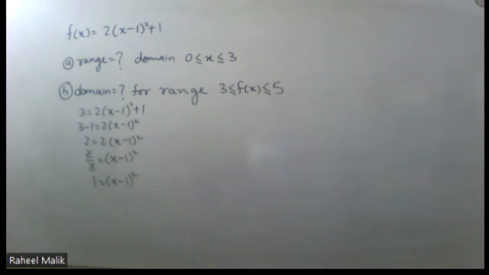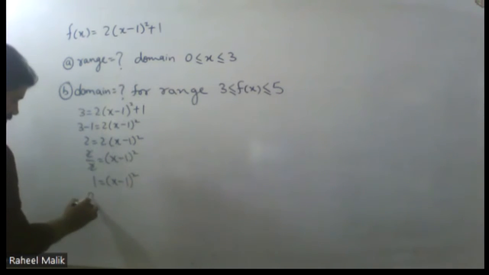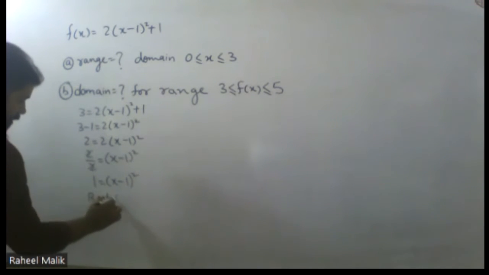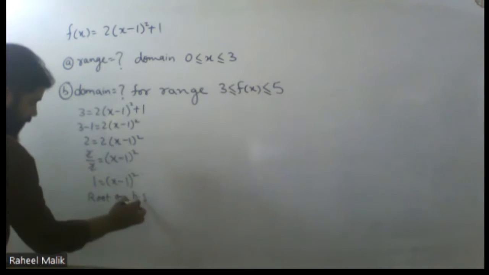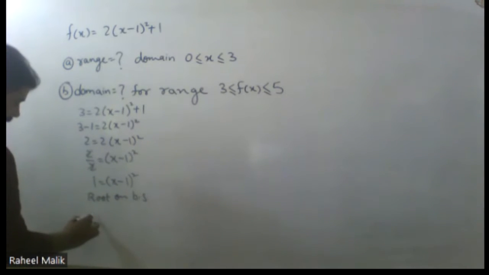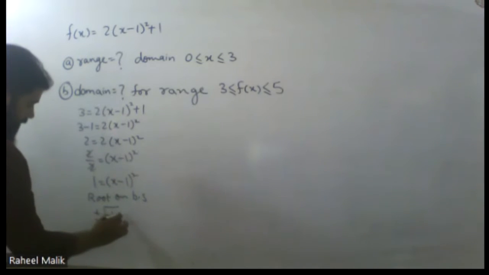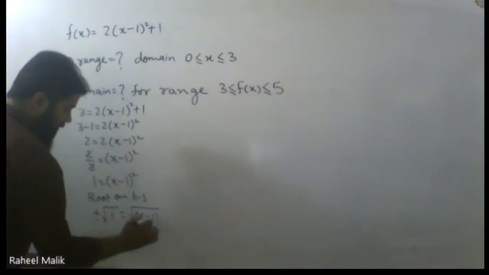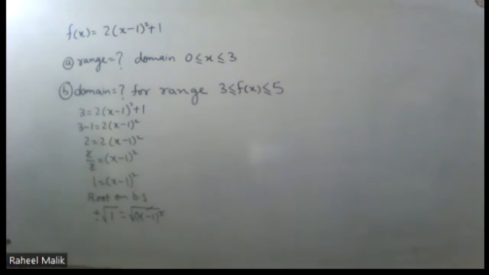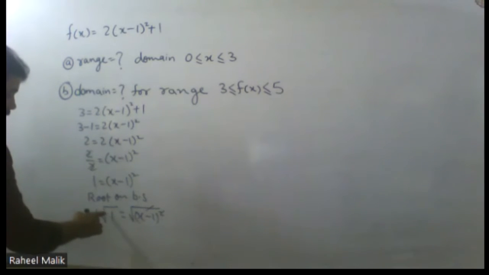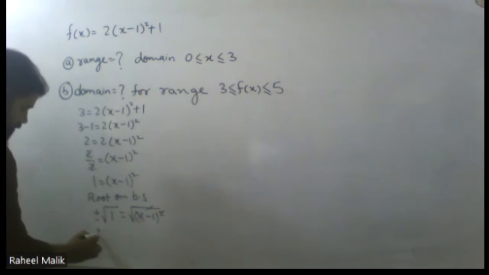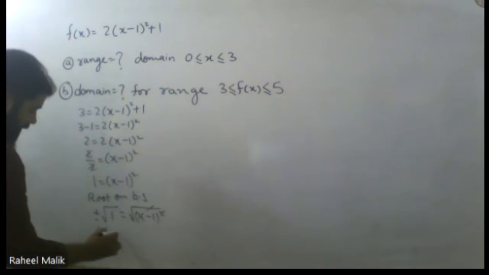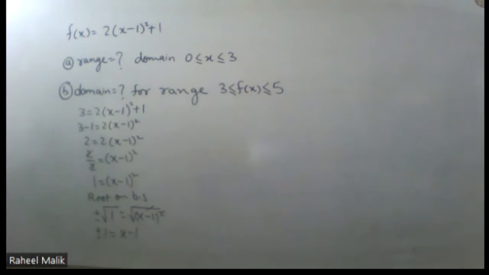Taking root on both sides, this will become plus minus under root 1 equals under root (x minus 1) whole square. Square and root will be cancelled. Root of 1 will be 1. So plus minus 1 equals x minus 1.